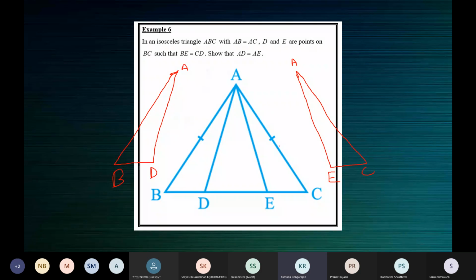Okay, Shreyas, tell me. AB is equal to AC, right? Yes, ma'am, AB is equal to AC. Yeah, that's given.